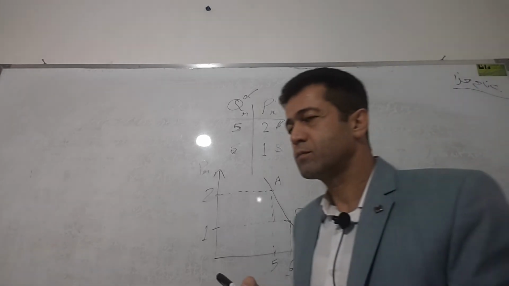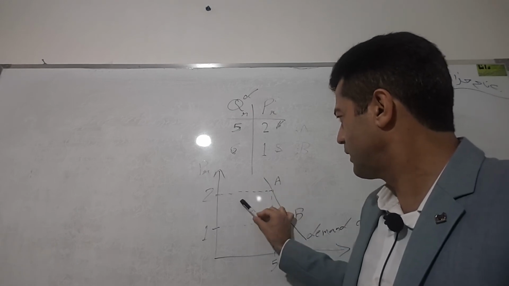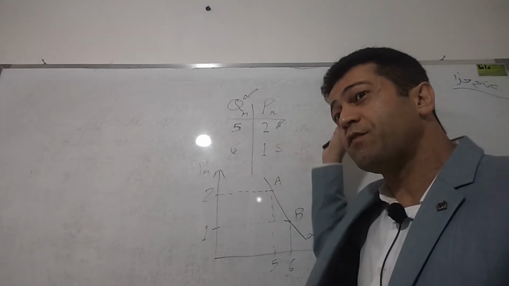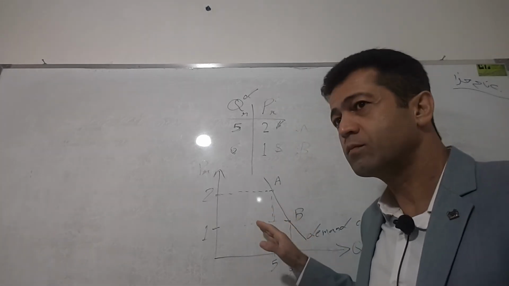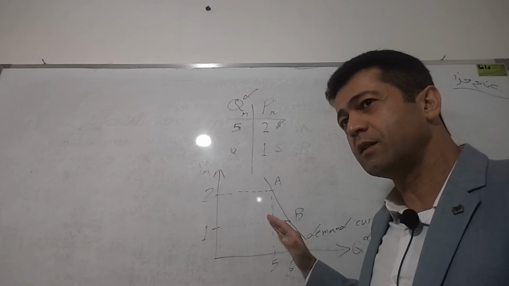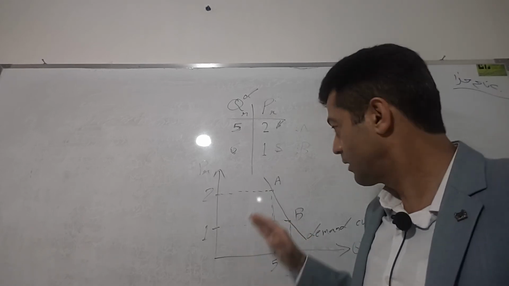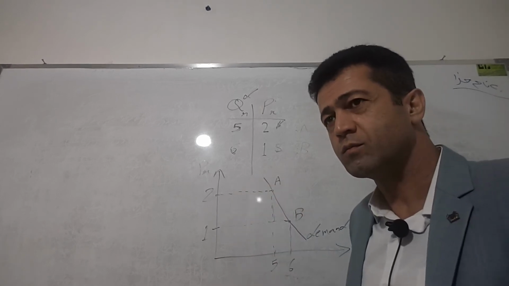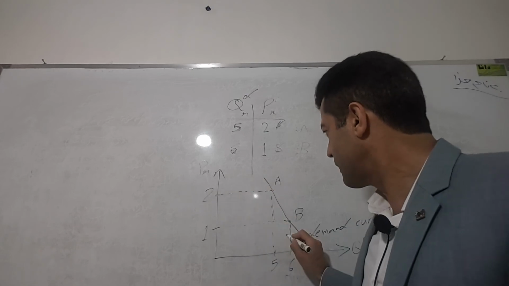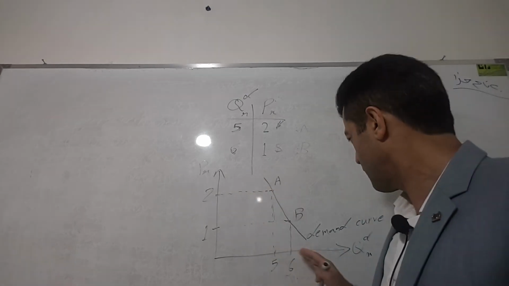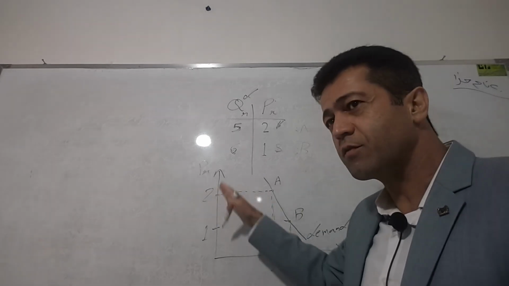The demand curve can shift to the left or right based on the other factors. If it shifts to the left side, it means the quantity demanded decreases at any price of the good.